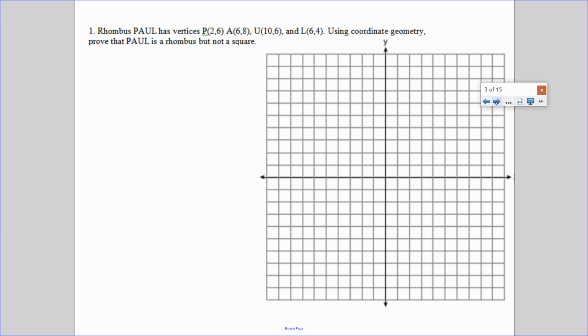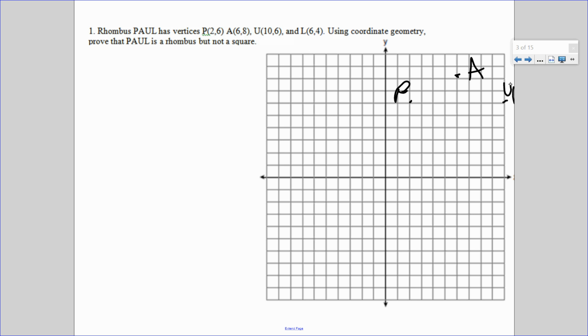There are 3 components to coordinate geometry proofs. Let's start by graphing the shape. P is 2, 6. A is 6, 8. U is 10, 6.